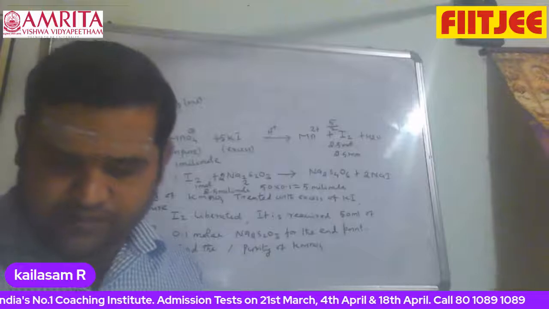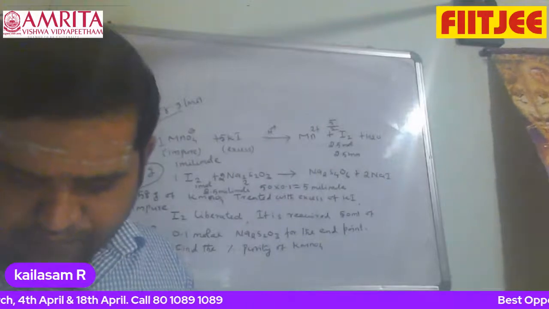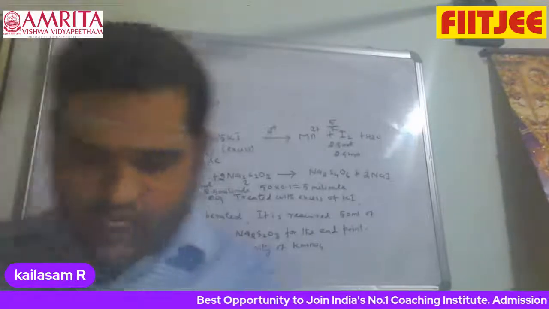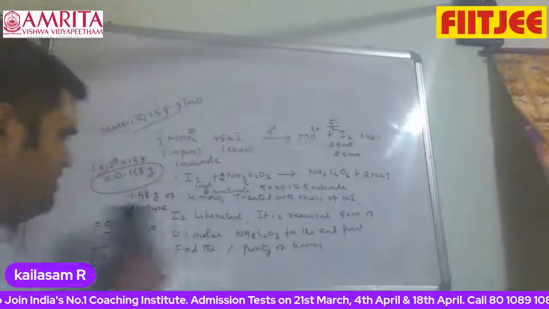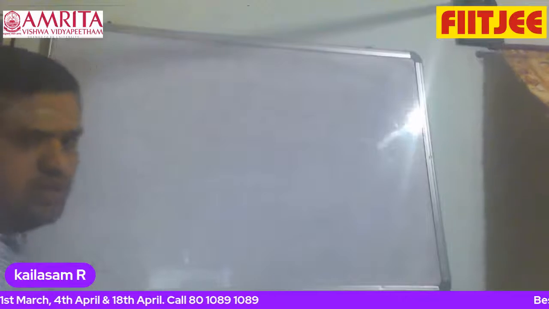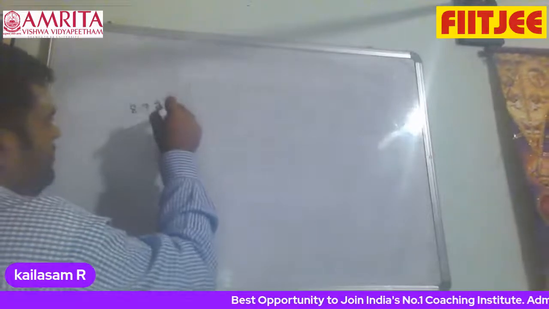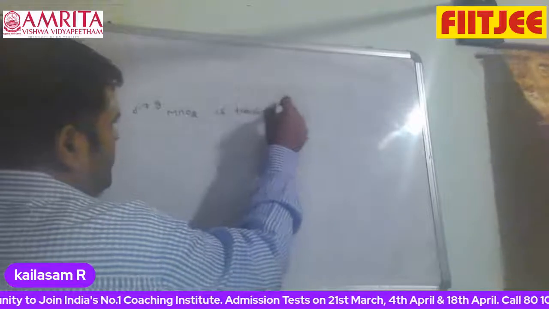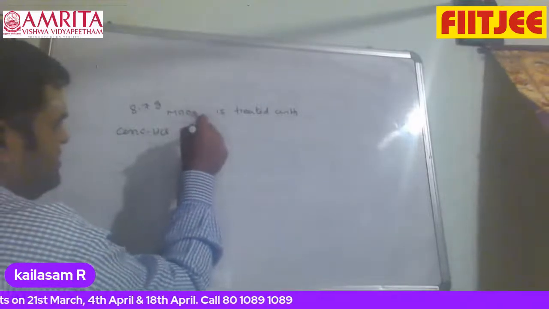We'll go with one nice question. Listen, this is a nice question. 8.7 gram of MnO2 is treated with concentrated HCl.